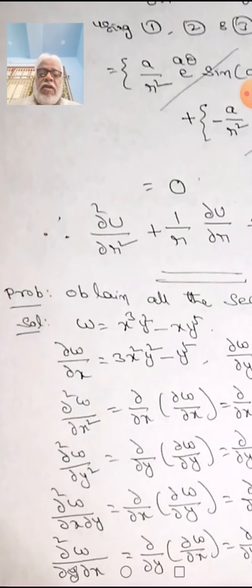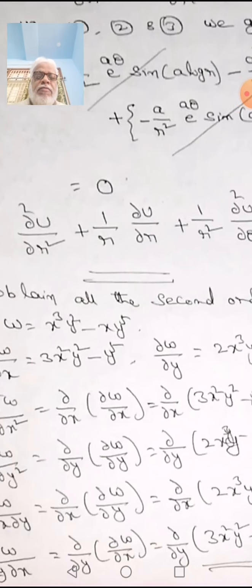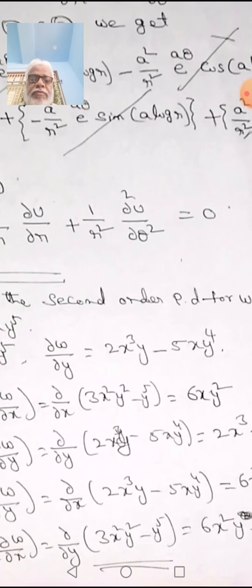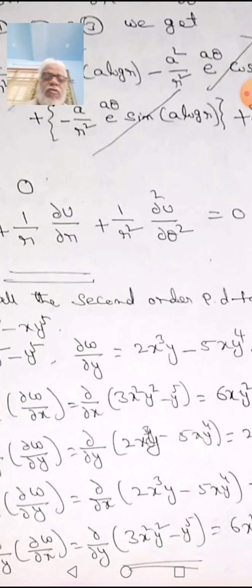And what are the second derivatives? ∂²w/∂x² is ∂/∂x of ∂w/∂x, that is ∂/∂x of 3x square y square minus y power 5. That is 6x y square, and the y power 5 derivative is 0, because there is no x term in y power 5.